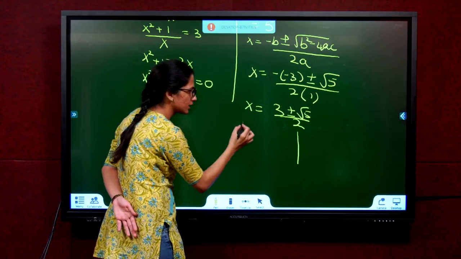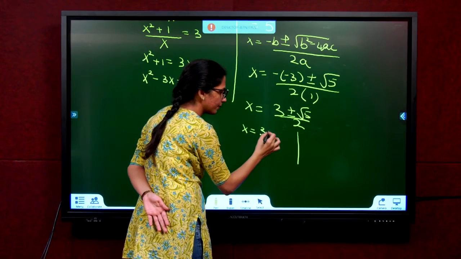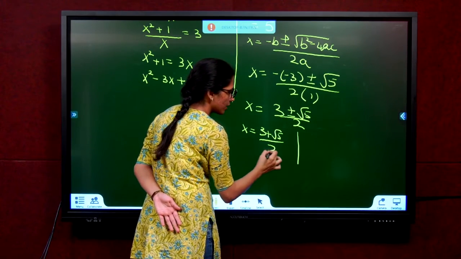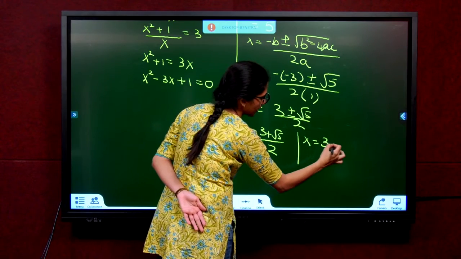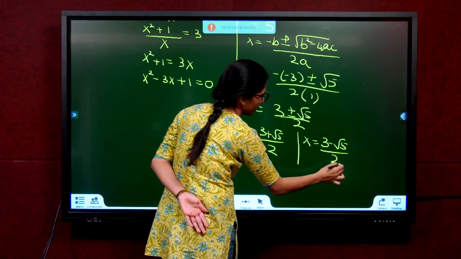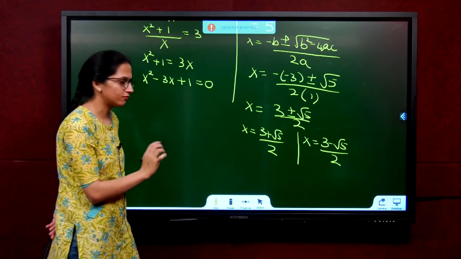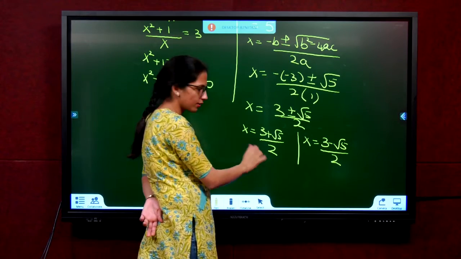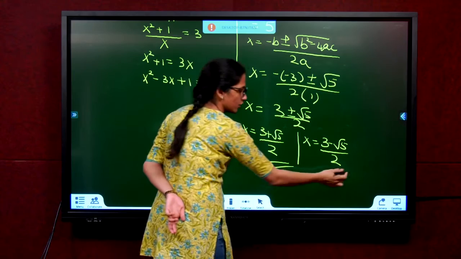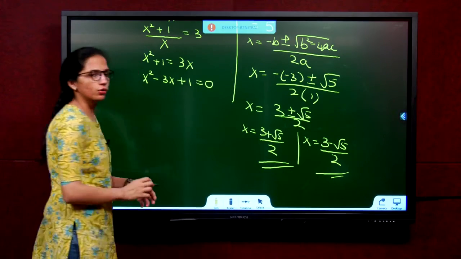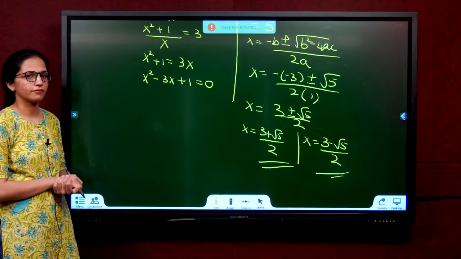What are the two solutions? x equals 3 plus root 5 by 2 and x equals 3 minus root 5 by 2. Can we simplify this further? No. One is root number, one is non-root number. We cannot simplify. So these are the two final roots of the equation.